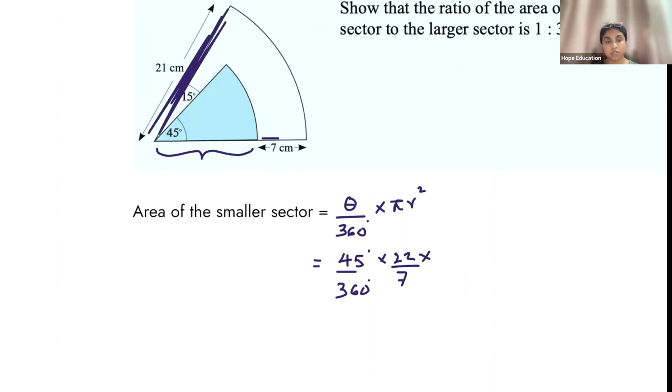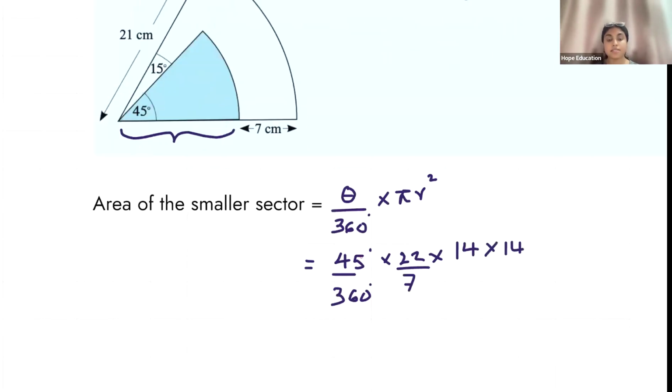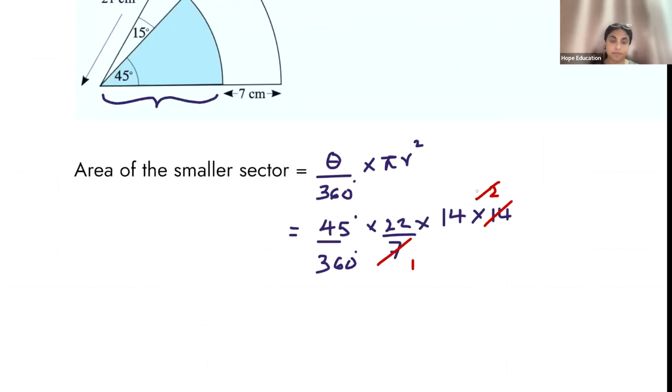14 multiplied by 14. Let's cut and chop. 7 times 1 is 7, 7 times 2 is 14. 2 times 1 is 2, 2 times 180 is 360. Then 2 times 11 is 22, 2 times 90 is 180.